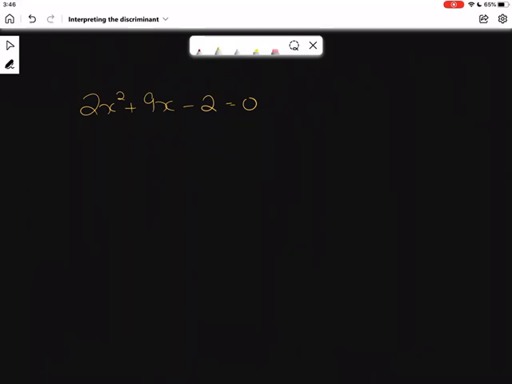Again, all I have to focus on is the discriminant, which is b squared minus 4ac. In this case, a is equal to 2, b is equal to positive 9, and c is equal to negative 2.